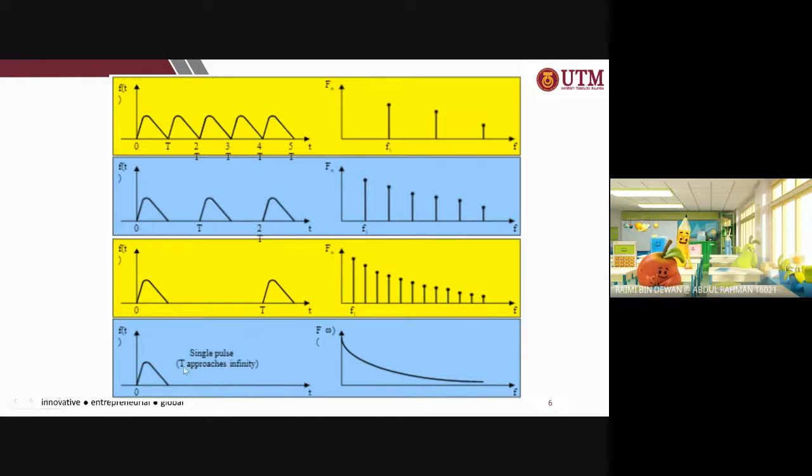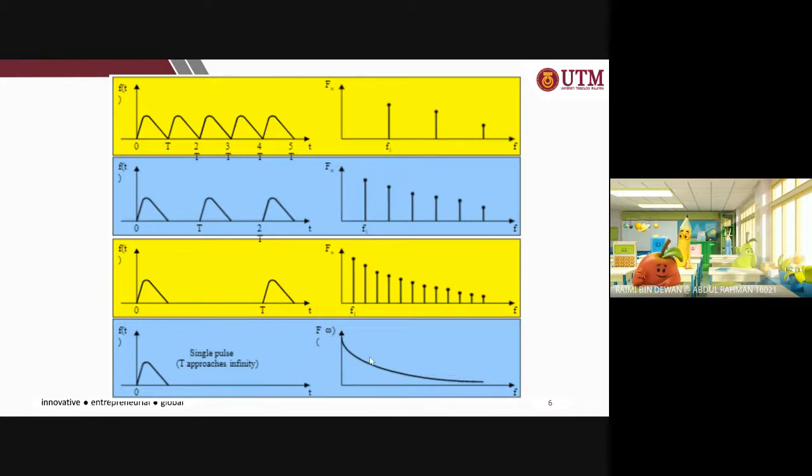And when you approach infinity, for example, this one is 1 second, and just imagine, maybe not exactly correct because it's not infinity. Infinity is a limitless value, we cannot have a value for infinity. So for example, this one is 1 second, and this one we increase the period to 100,000 seconds.